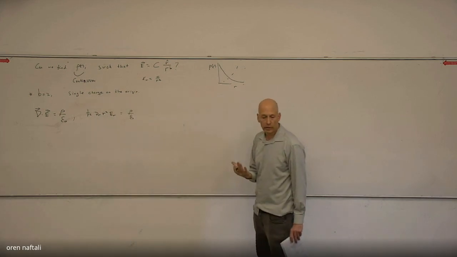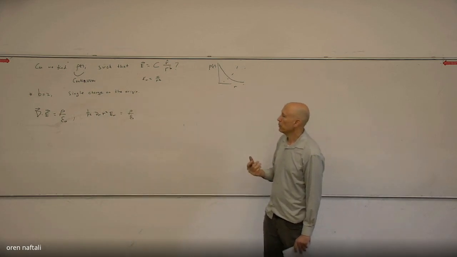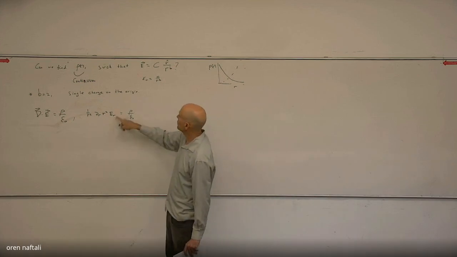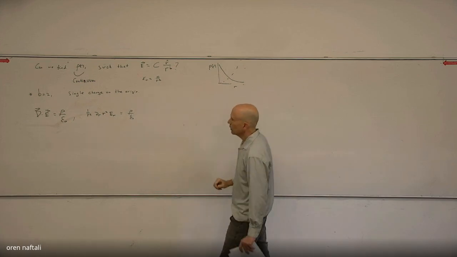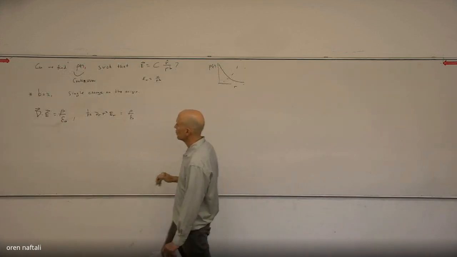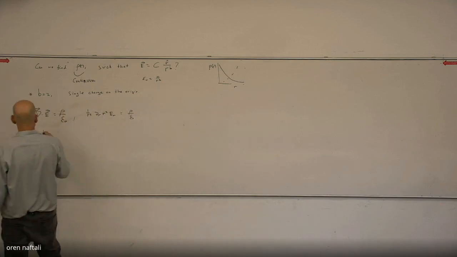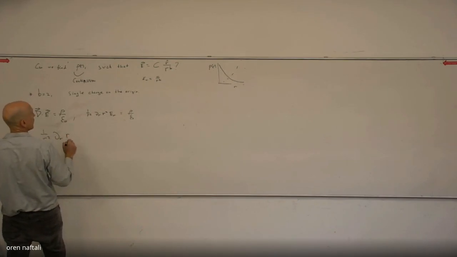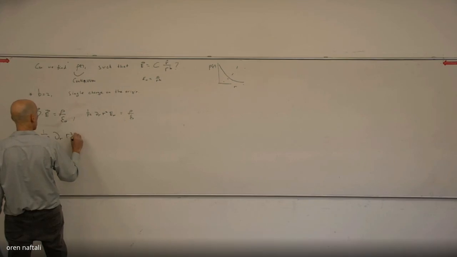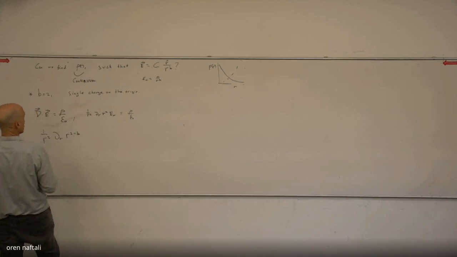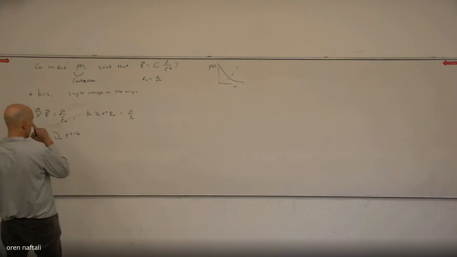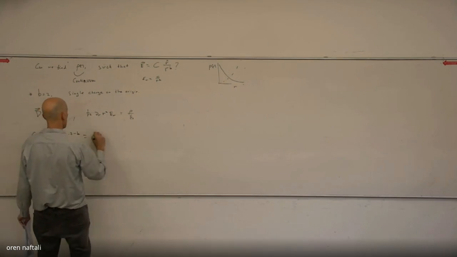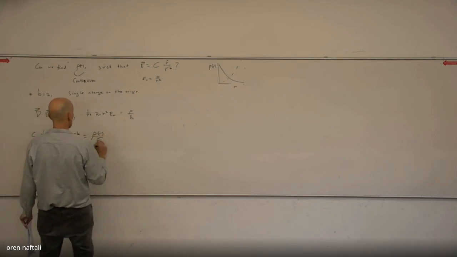So I'm an engineer now, and I'm asking myself, what is the rho that will give you this E that will give me this answer? And there is a solution to this equation. It's very simple, because we have r to the power 2. I plug in this force, r, this will be 2 minus b. There is a constant c that I don't care about. And this is equal rho of r over epsilon 0.